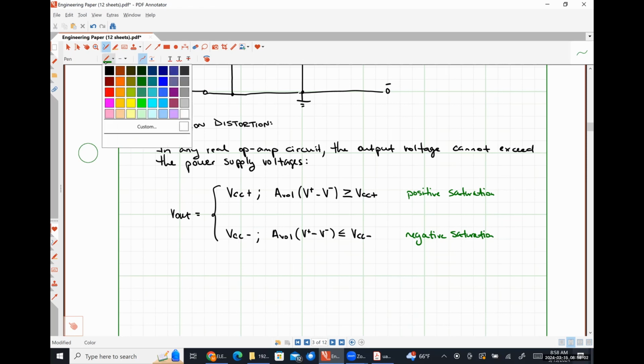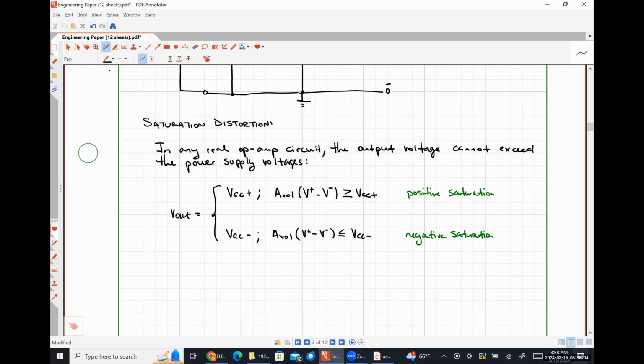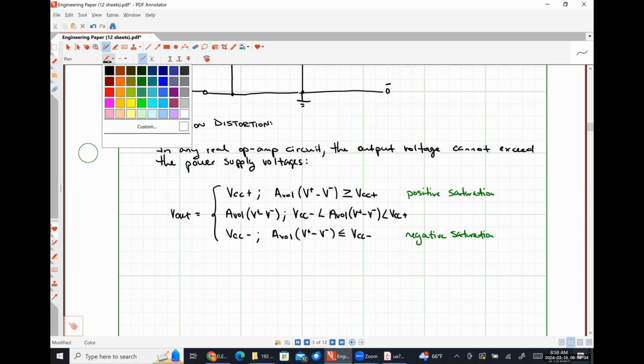And then in the middle, our output voltage will be equal to our open loop voltage gain times our differential voltage whenever VCC minus is less than our open loop voltage gain times our differential voltage, and that needs to be less than VCC plus.